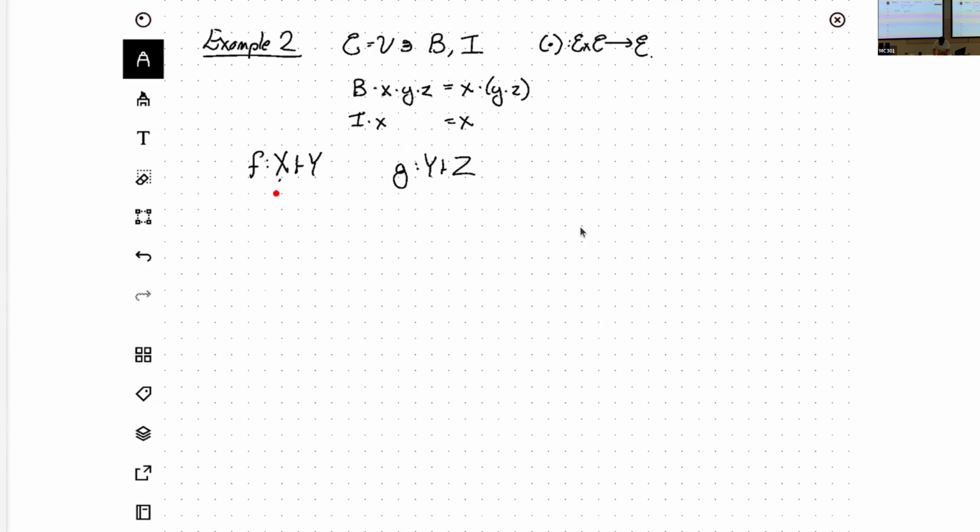If F is realized by some alpha, and G is realized by some beta, remember, a term is realized by some program, then the composition G after F is going to be represented by B applied to beta and alpha. Because then when we apply it to the argument, the first equation will kick in and we'll get the composition of the two functions. And the identity on X is represented by the I combinator.